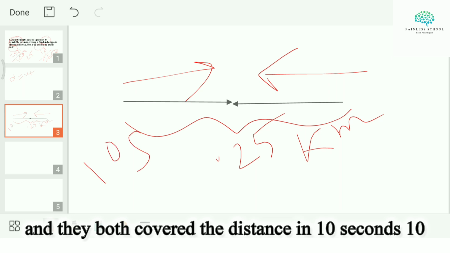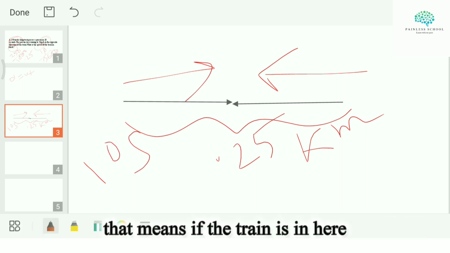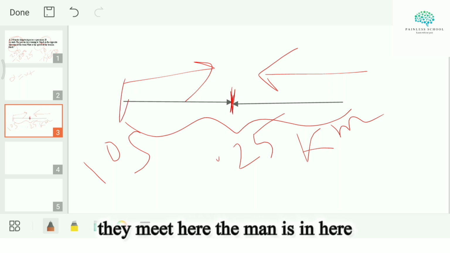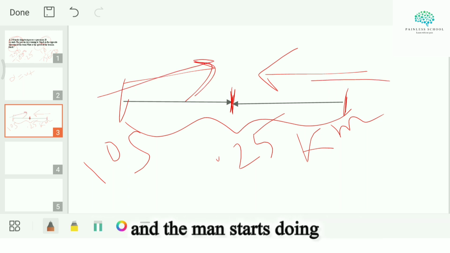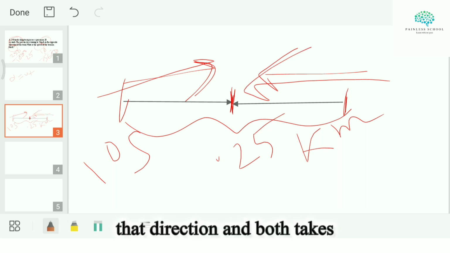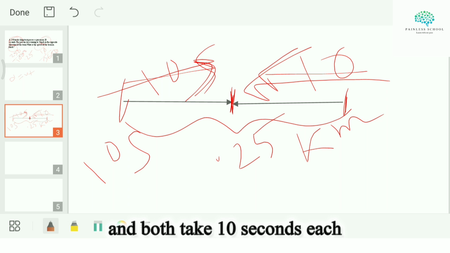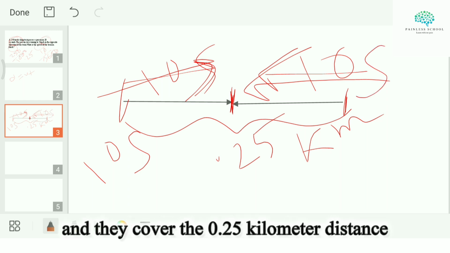10 seconds, that means if the train is in here, they meet here, the man is in here, and the train starts moving in this direction, and the man starts moving in that direction, and both take 10 seconds each, and they cover the 0.25 kilometer distance.